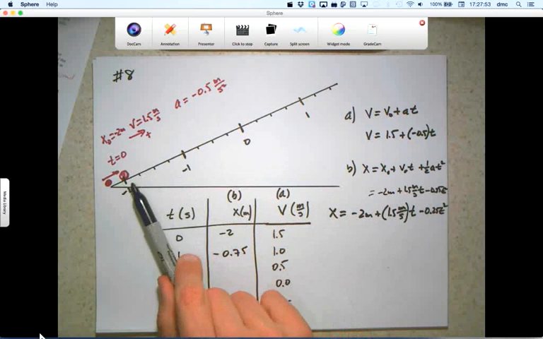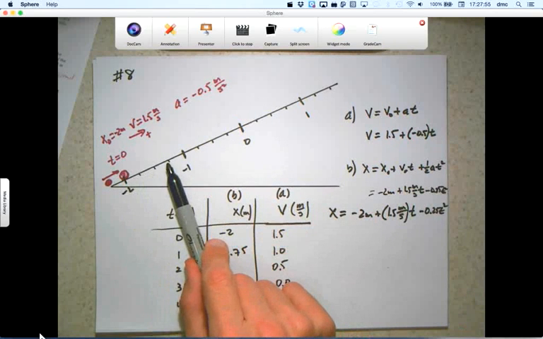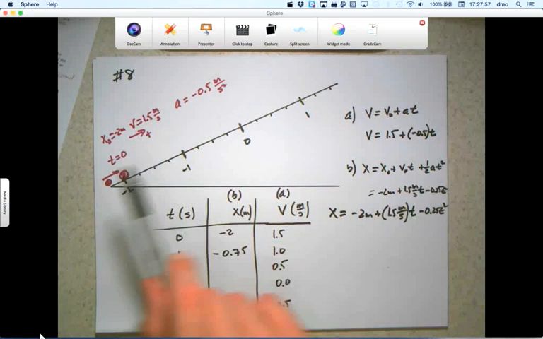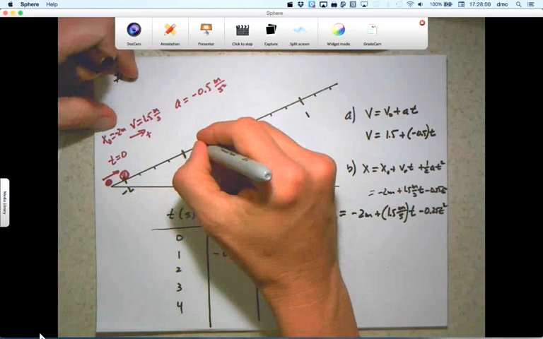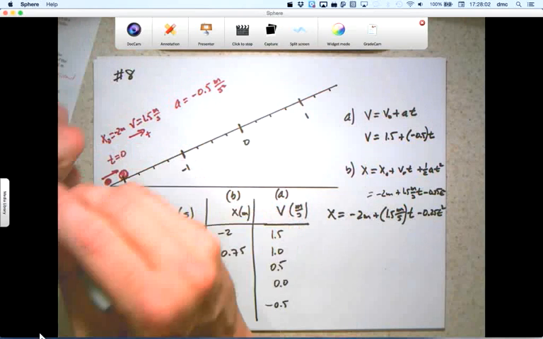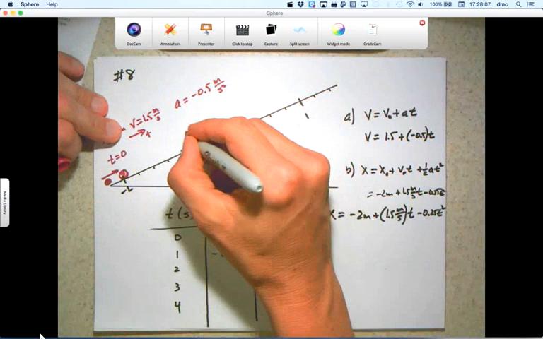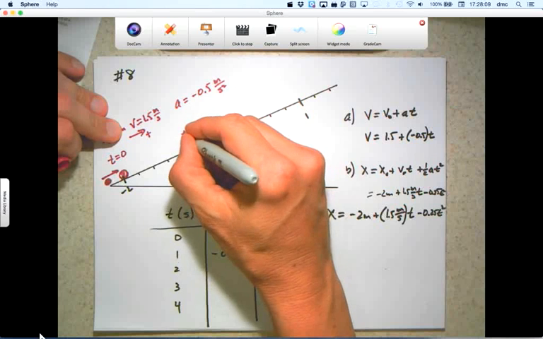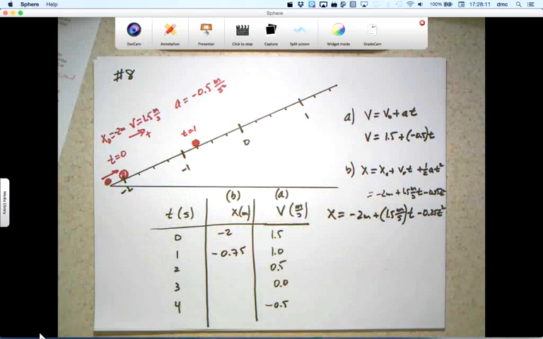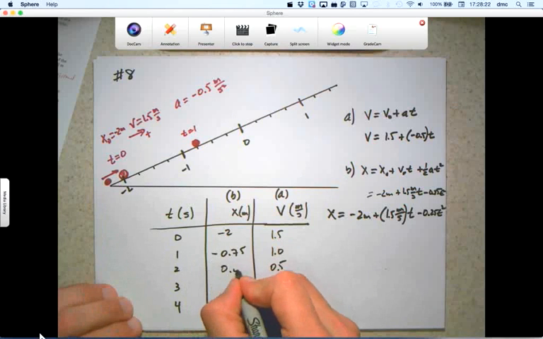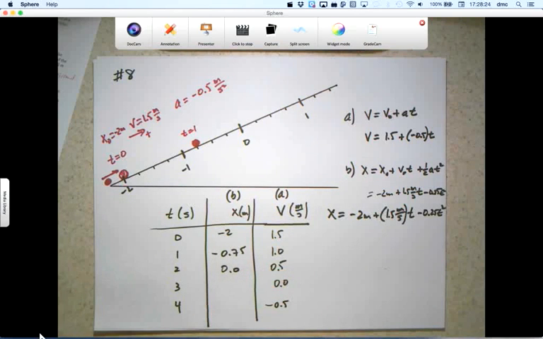So it's right here. So this is where it is at 1 second. At 2 seconds, when you plug in all the numbers, you get 0, meaning it's at the 0 position. So at 2 seconds, it's right here.